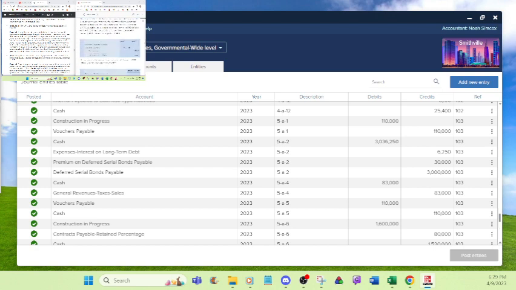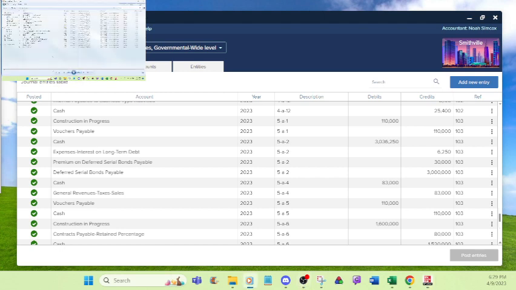Where's an amortization of a premium here? You know why? It's because they didn't demonstrate it in these examples. Because they suck. Dude.